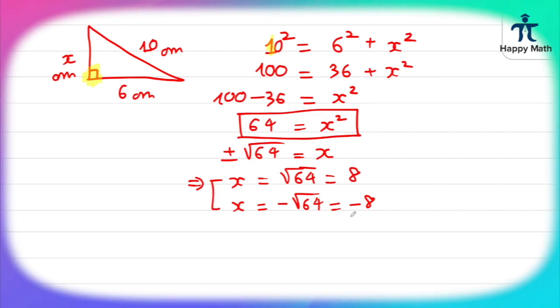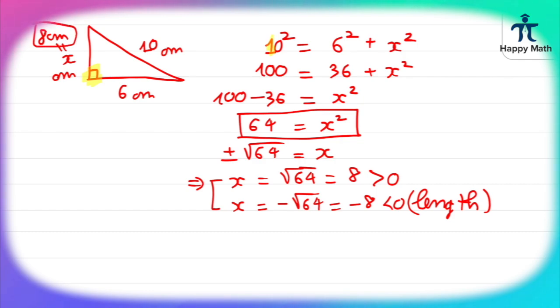But a length cannot be a negative number. Minus 8 is less than 0, so we cannot take this solution. But 8 is greater than 0, and a positive number matches a length. That's why I can conclude that the side will be equal to 8 centimeters for this question.